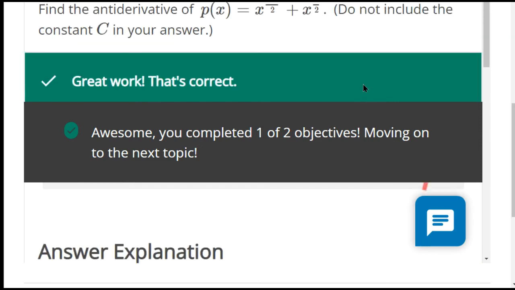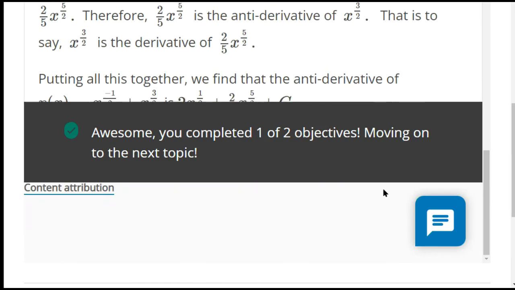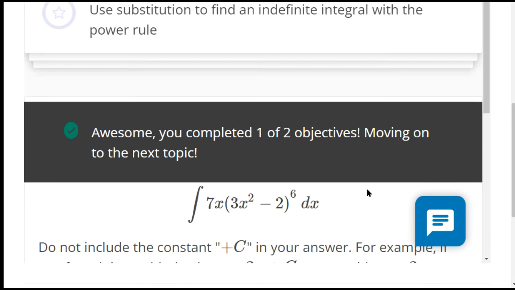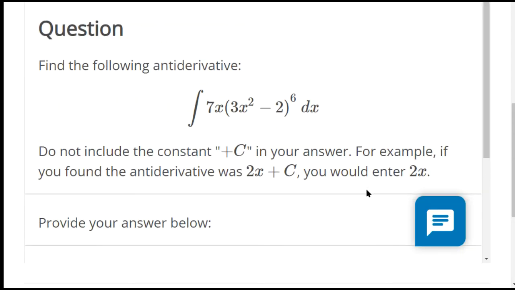Okay, on to the next topic then. Okay, now this is what people think of when you start talking about a genuine substitution. There's no way to fake it here.